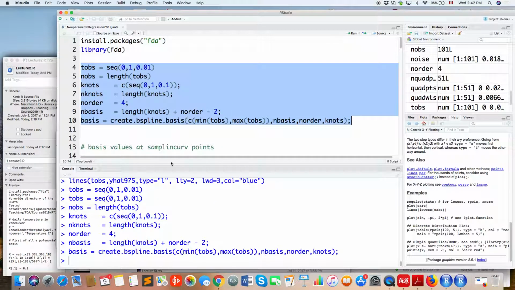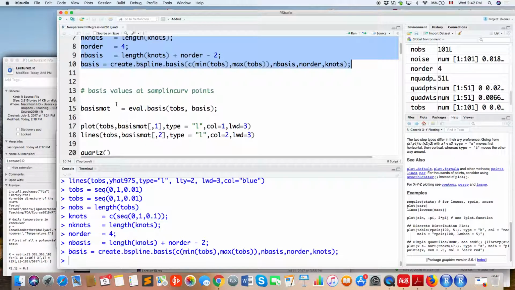So I created these basis functions. After you get the B-spline basis functions, you can evaluate them at any time point. The function used in FDA is called eval.basis. You specify which time points you want to evaluate, and then you give the basis functions.